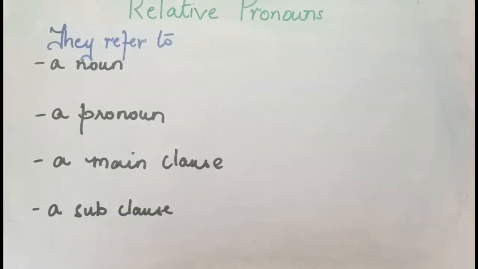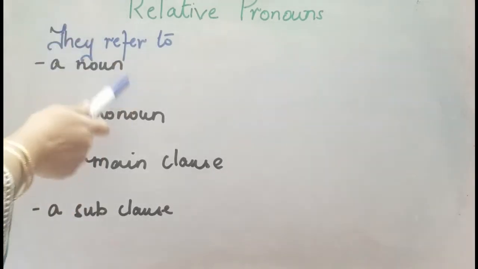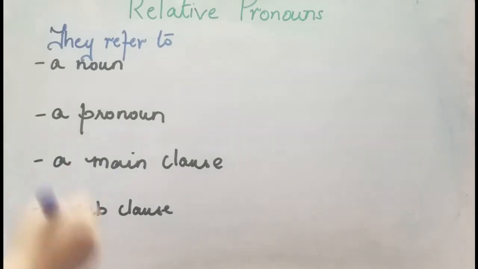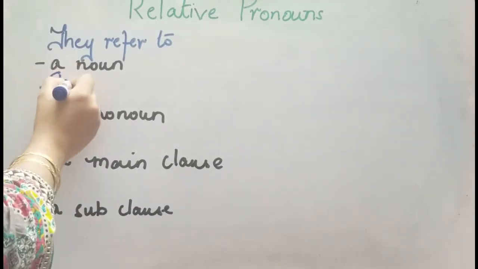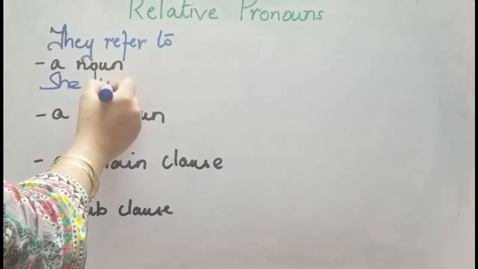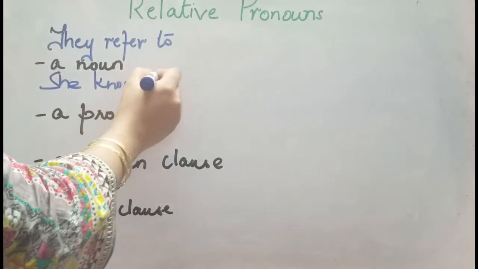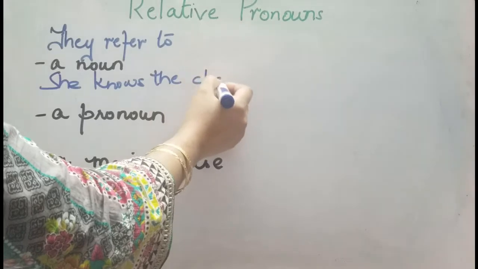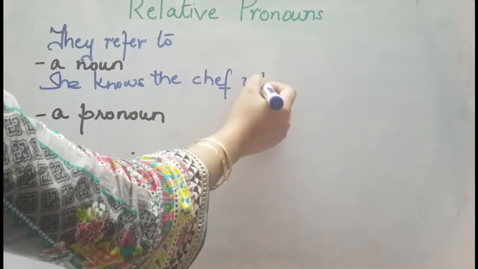Okay, first we need to know that relative pronouns always refer to a noun, a pronoun, a main clause, or a subordinate clause. For example, I say she knows the chef who cooks great.